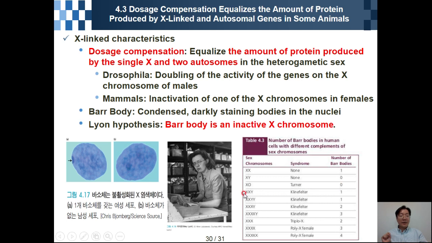Klinefelter syndrome? XXY. They randomly inactivate one X, so they have 1. XXYY? They inactivate one X, so they have 1. XXXY? They inactivate two X chromosomes, so they have 2.